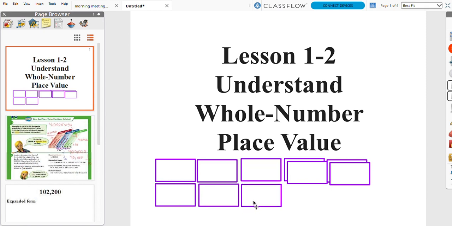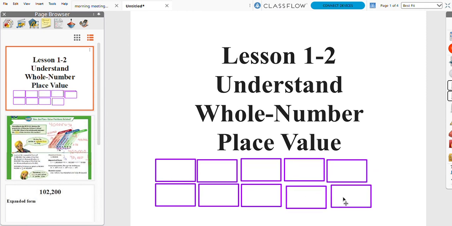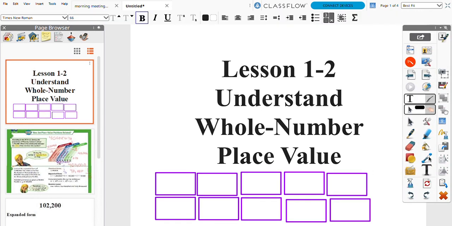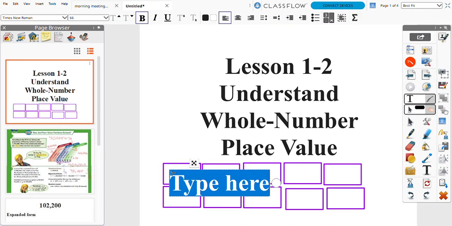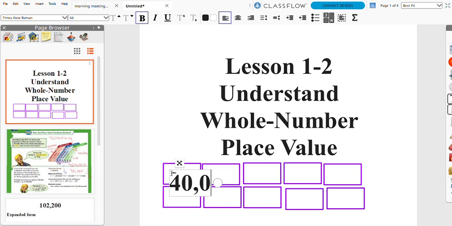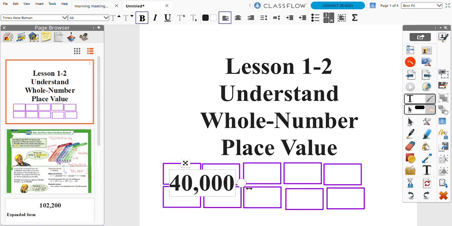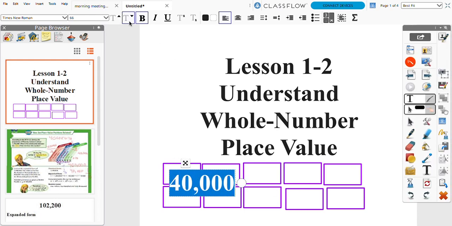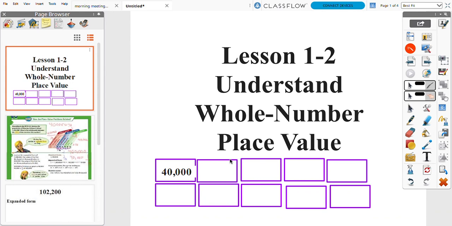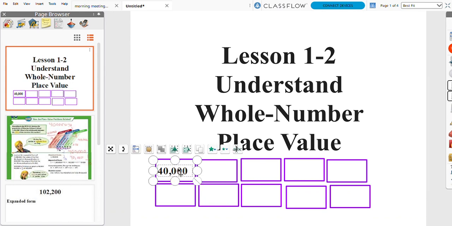If this is my 400,000 and each of these are 40,000, shrink it down, you would have 10 of these to get to 400,000.